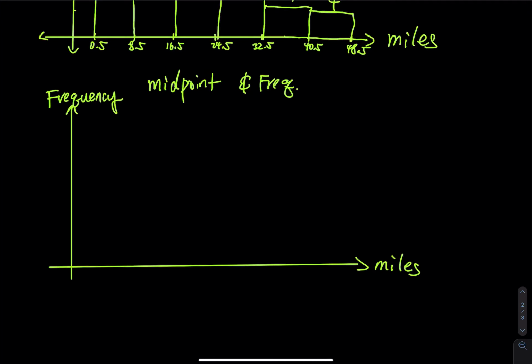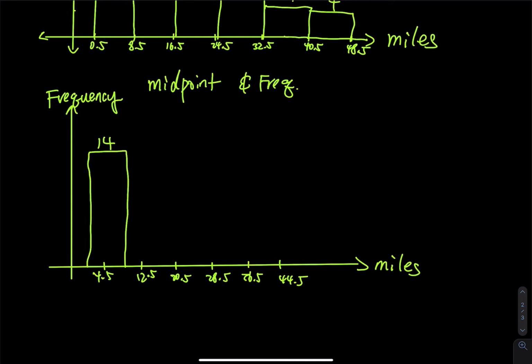All right, how many midpoints do we have? We have 6, right? So 1, 2, 3, 4, 5, 6. The first bar is 14, so make sure this mark is right in the center of the bar. So that is a 14. This is 4.5, 12.5, 20.5, 28.5, 36.5, and 44.5.